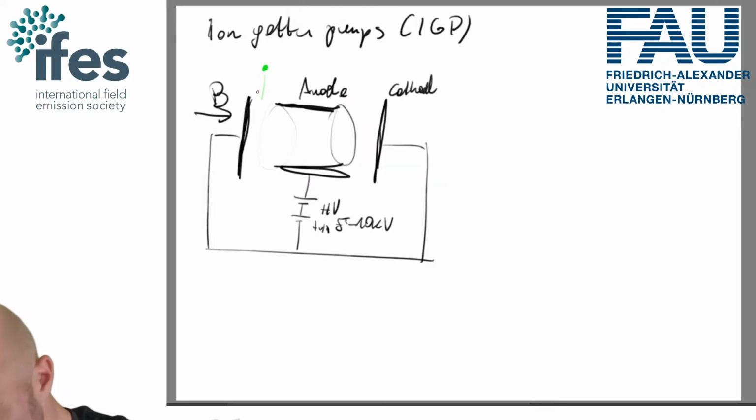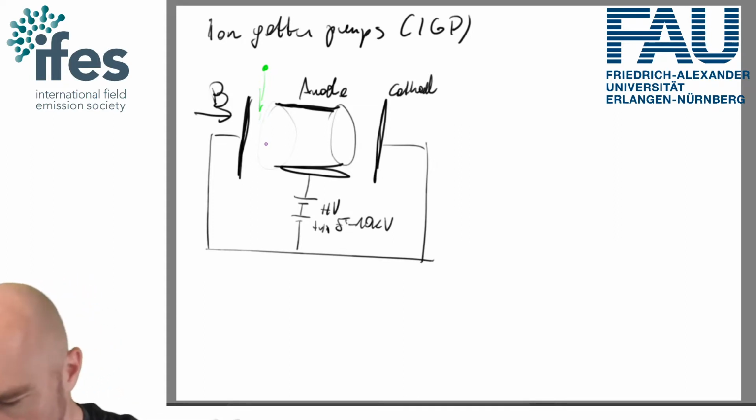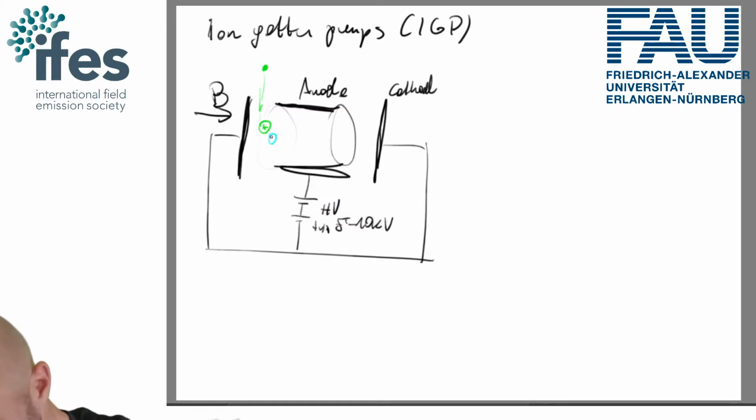So our molecule will go in, and we'll get into the anode cathode plate area, and essentially will be ionized. So you'll get a plus charge and we'll get an electron. And what will happen to the electron is that it will move through the magnetic field in a spiral way, right?